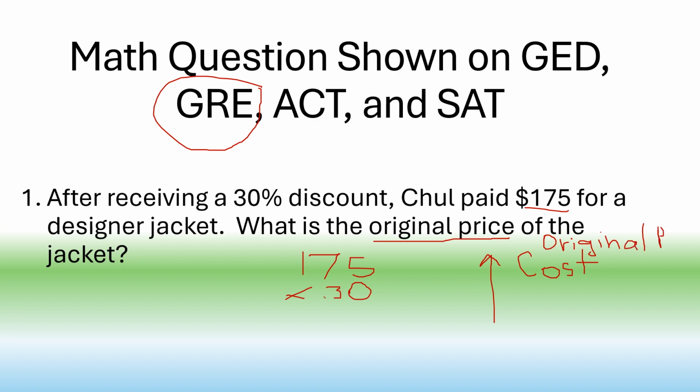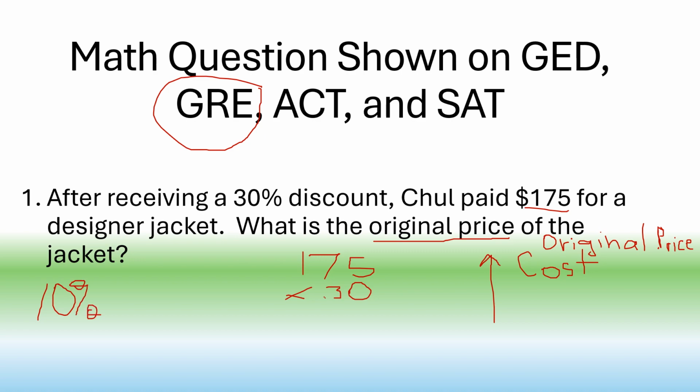Okay, so when you do this, you're taking 30% off. And let's be real cautious about how your mind can keep that straight. 30% is 10% off 3 times. So 10% times 3 is 30%.